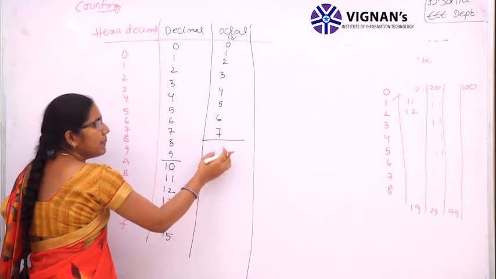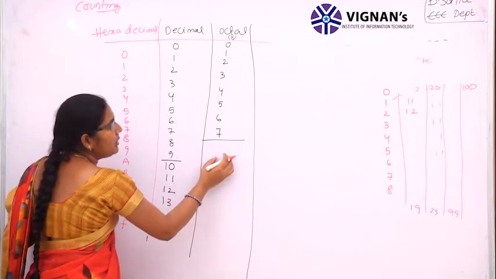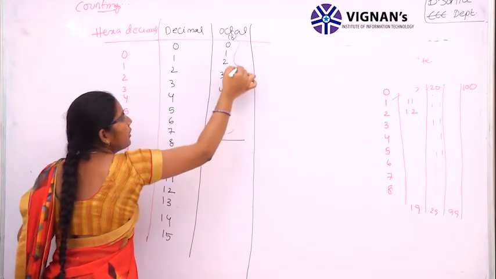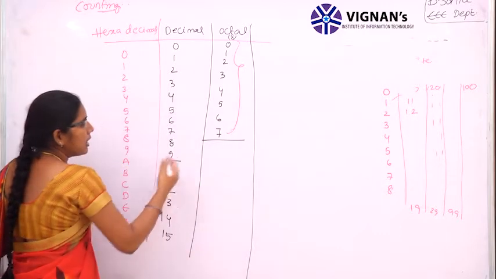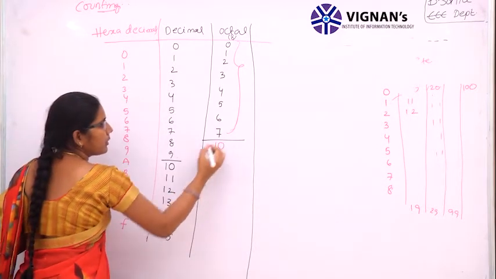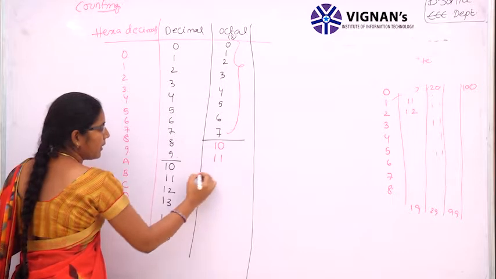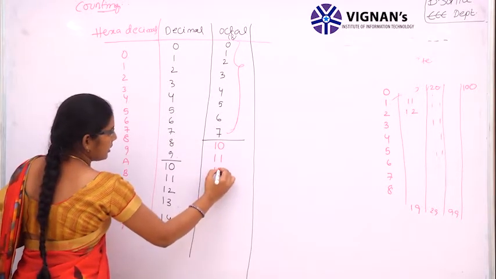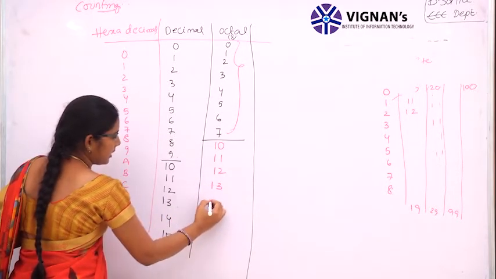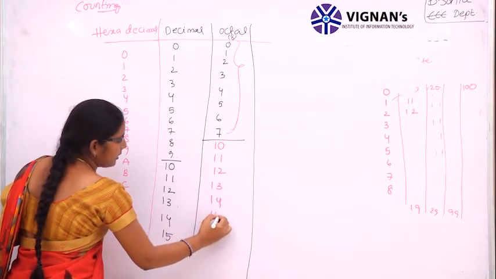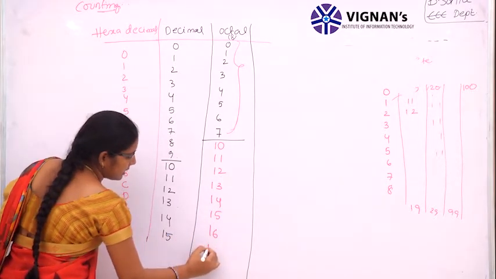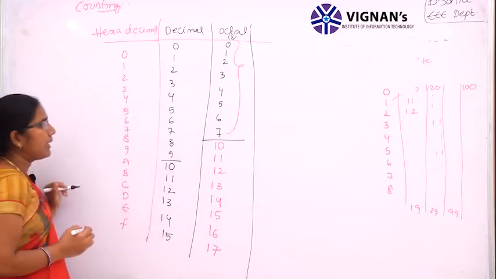So the next numbers must be formed as a combination of these unique numbers. So the next number will be 10, 11, 12, 13, 14, 15, 16, 17, like that.